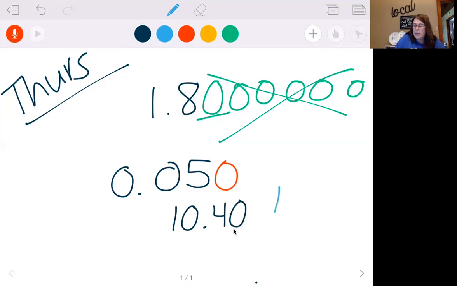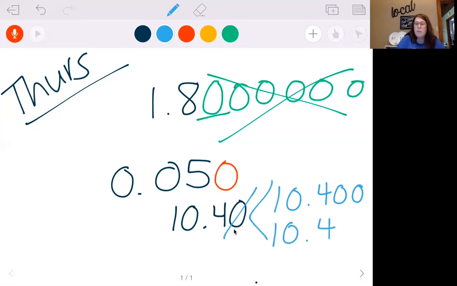You could either say 10.400, or I could cross out that 0 and say 10 4/10. Either one is equivalent to 10.40. So equivalent decimals just means to add zeros on, or if it already has a 0 at the end, you can cross it out. So these are pretty simple.